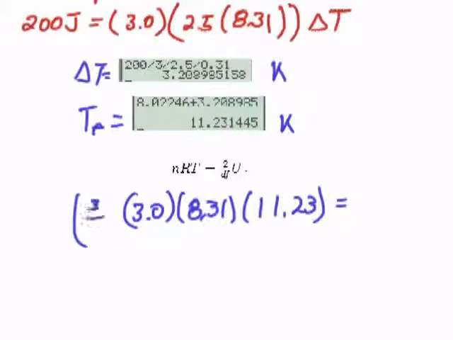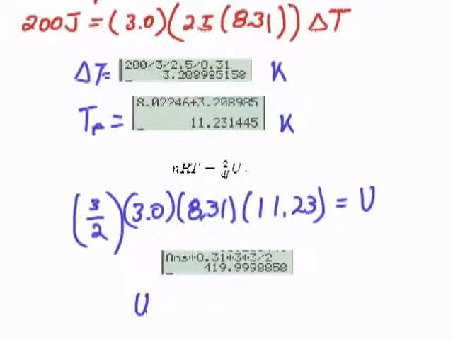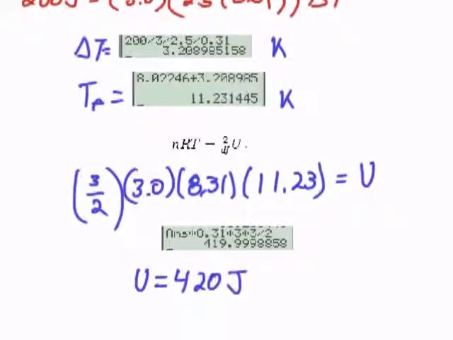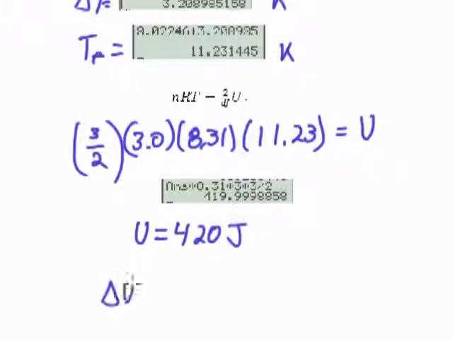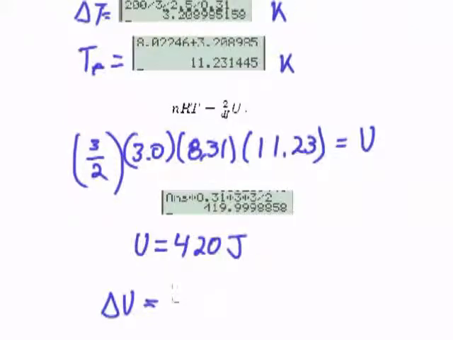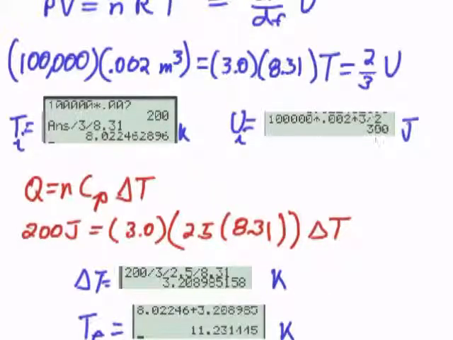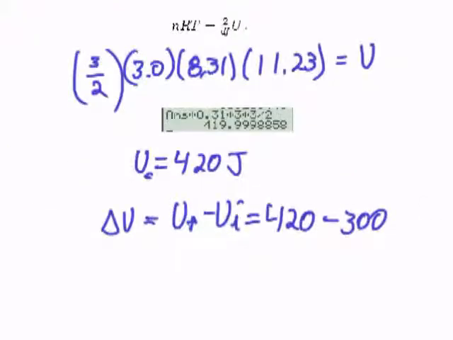The 3 halves on this side equals U, and that is U equals 420 joules. So delta U, there's something wrong here, isn't there? No, there's nothing wrong. Delta U is going to be U final minus U initial, so it's going to be 420 minus 300 joules, which is 120 joules.